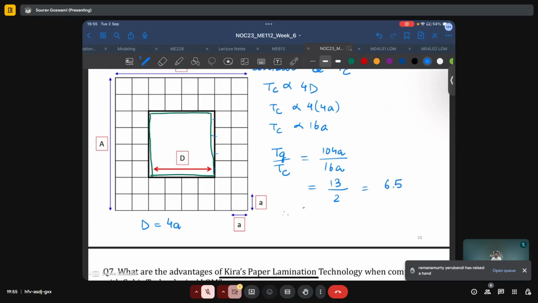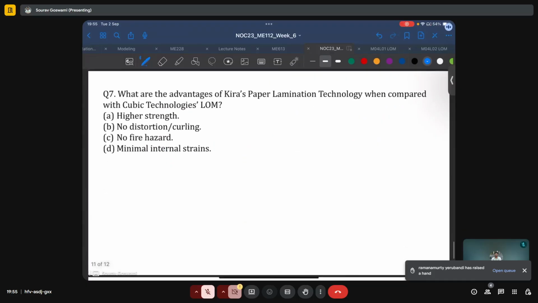And thus we see that the time taken for grid cutting is actually 6.5 times the time taken for scanning the contour. That is why it is said that the grid cutting time is the longest scanning time, and the decubing time is even far more.